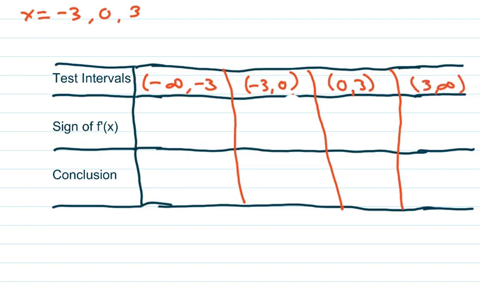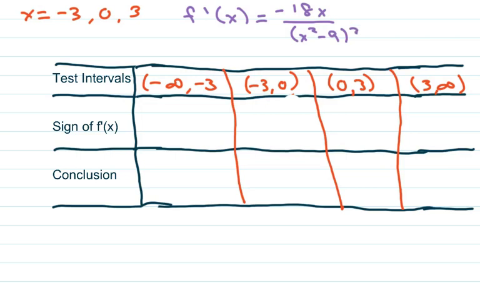And we've got to test to see if the sign is positive or negative, meaning increasing or decreasing. So let me write down the derivative. Our derivative was negative 18x over x squared minus 9 squared.